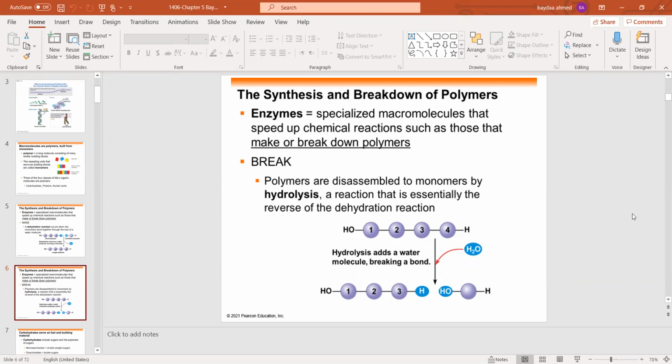Within the digestive tract, various enzymes attack the polymers, speeding up hydrolysis, release monomers, and are then absorbed into the bloodstream for distribution to all body cells. Those cells can then use a dehydration reaction to assemble the monomers into new, different polymers that can perform specific functions required by the cells.